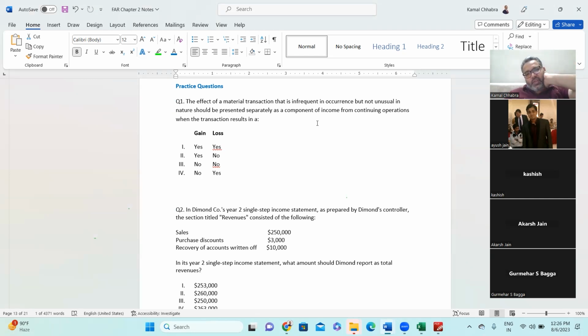Okay. Gurmehar, what is the call of the question? I missed the section above this. I just joined. But if you can just explain the meaning of the question. Just read the question and explain the meaning.